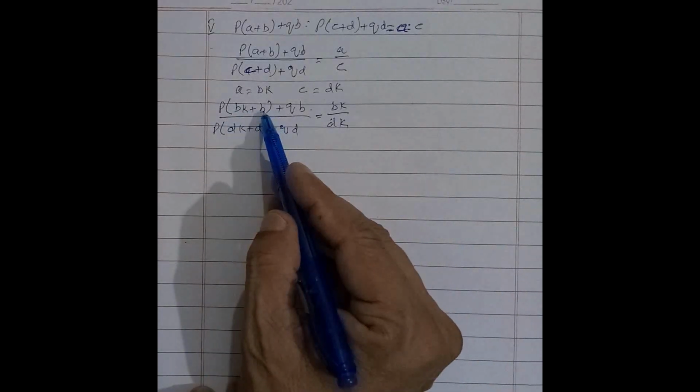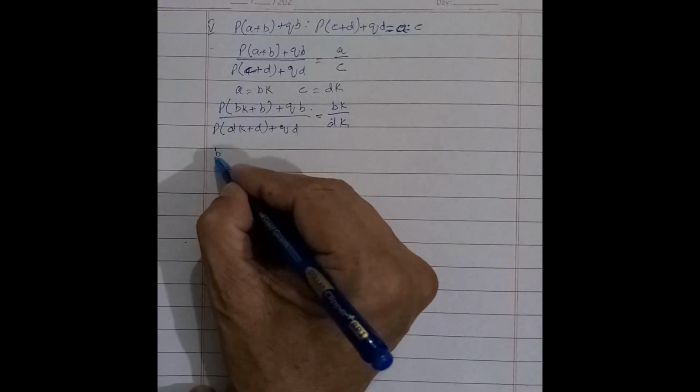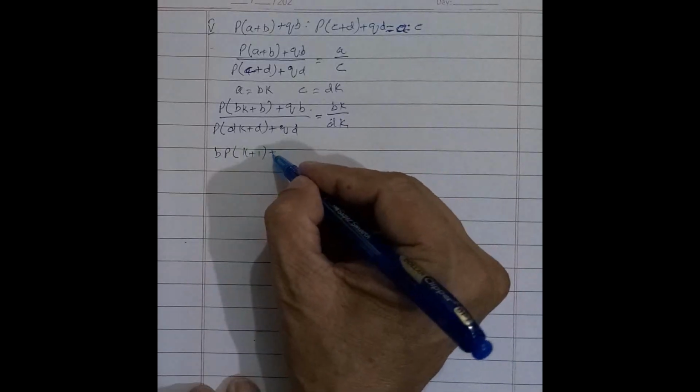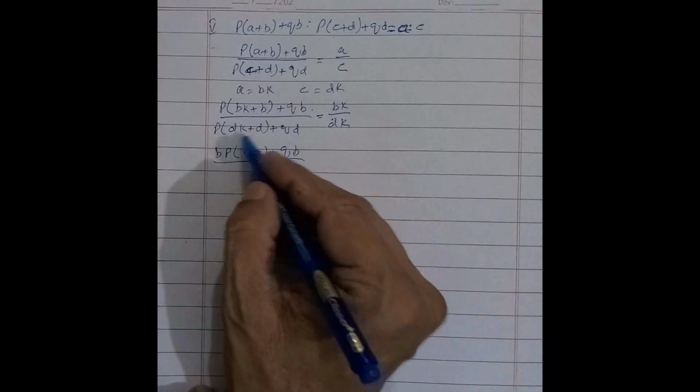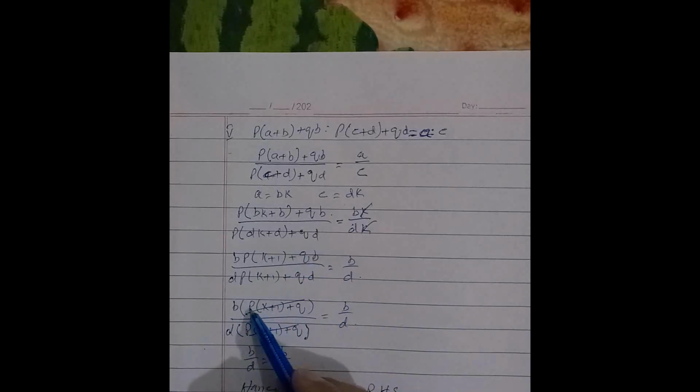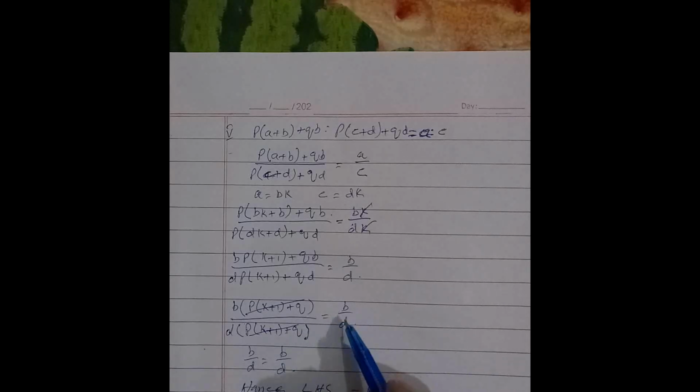We take common B from the numerator, B(P(K + 1) + Q), over, we take common D, D(P(K + 1) + Q), is equal to B over D. These values cancel each other, we get B over D is equal to B over D. Hence left hand side is equal to right hand side.